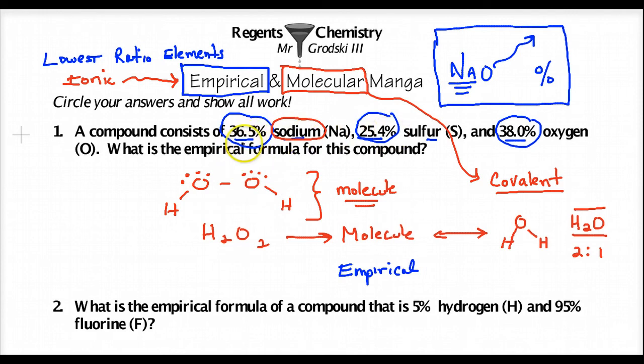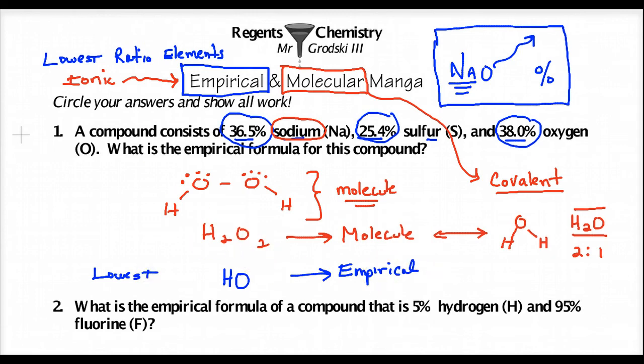To find a percentage, percentage is part over total. Again, you have no idea of multiples. All you would come up with is the lowest ratio. So the empirical formula that we would find in lab for hydrogen peroxide would be HO. HO is the empirical, the lowest ratio, which is the empirical formula of this molecule.